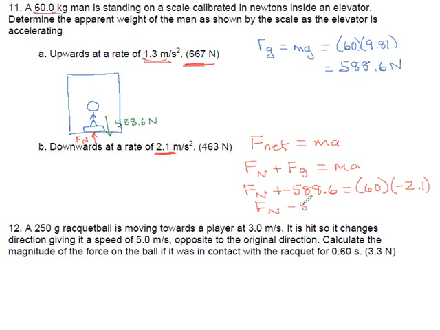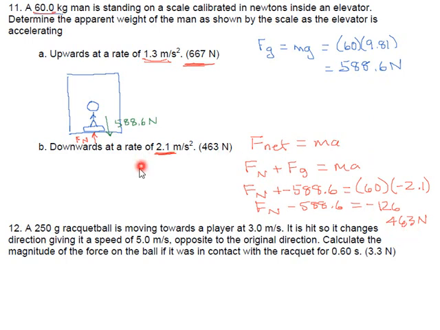F normal minus 588.6 equals negative 126. Negative 126 plus 588.6 gives us 462.6, or to 0 decimal places, 463 newtons. So he's 588.6 on normal ground, but with the elevator descending, he only feels like he weighs this much.